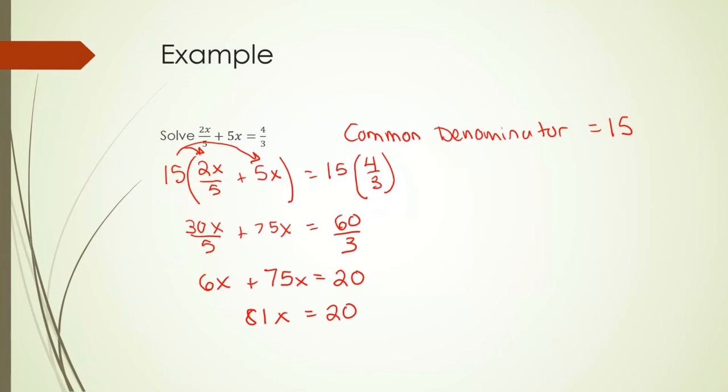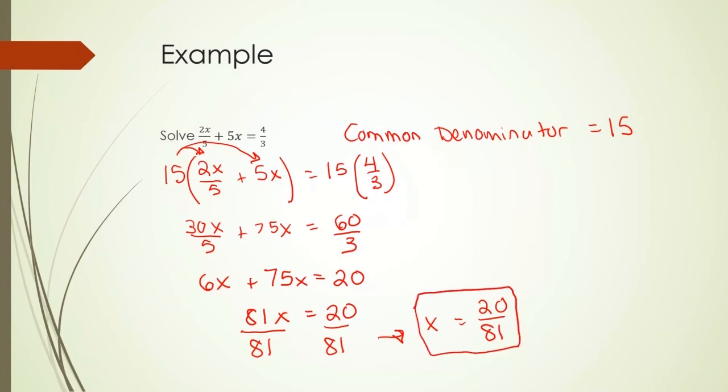That's 81 times x, so I'm going to divide both sides by 81. And that gives me 20 over 81, which does not actually reduce. 9 is the only thing that goes into 81, and 9 does not go into 20. So we get this answer of 20 over 81.